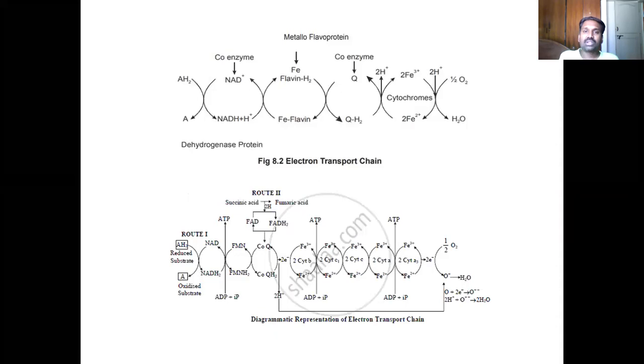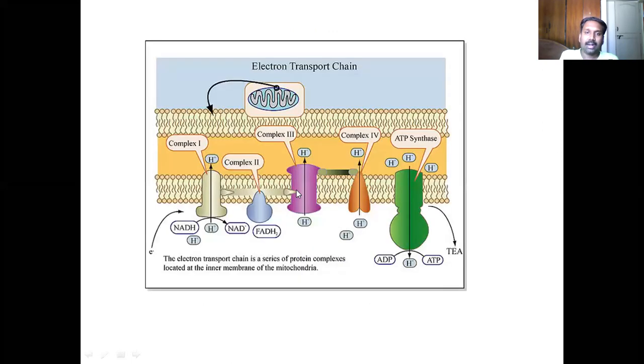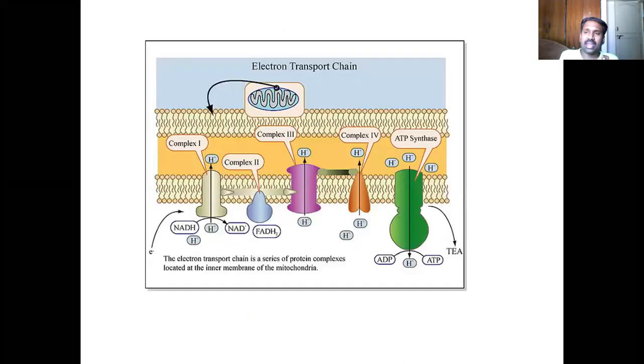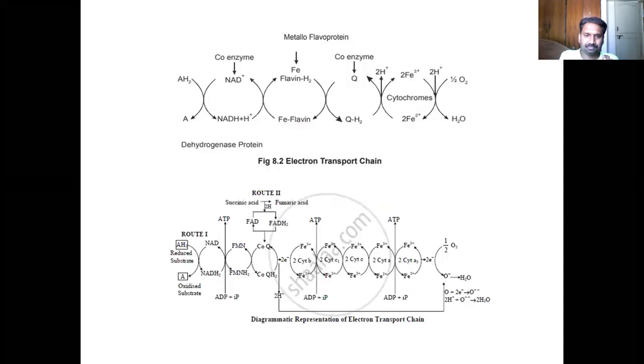Complex 2 is called the cytochrome BC1 complex. Complex 3 is the cytochrome AA3 complex.